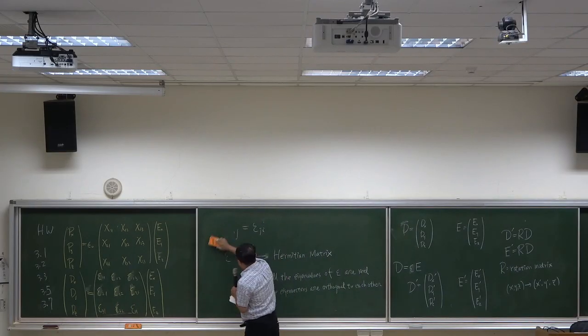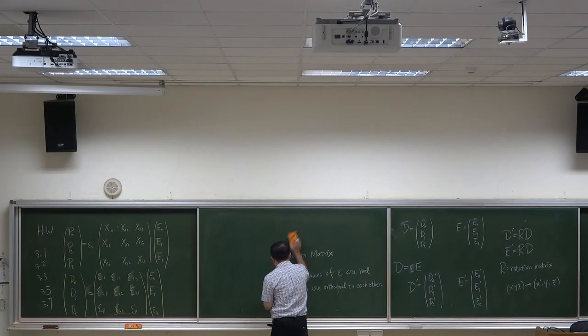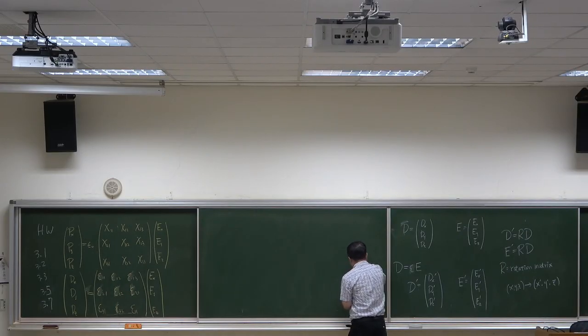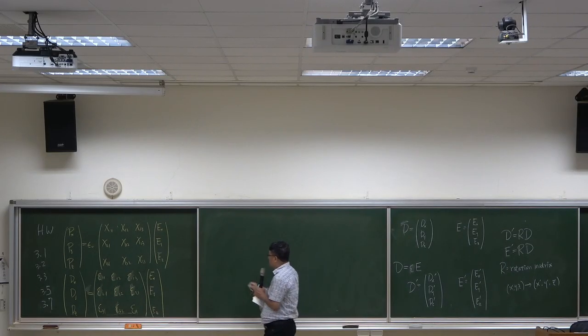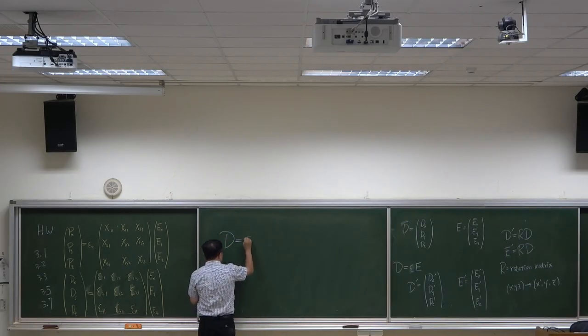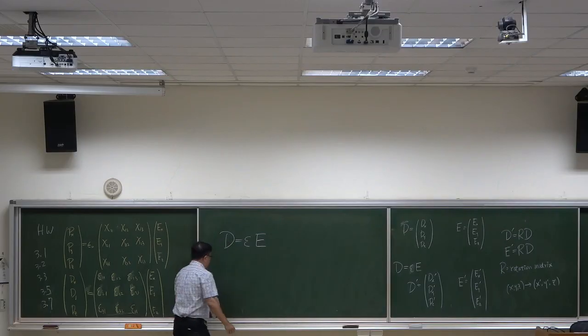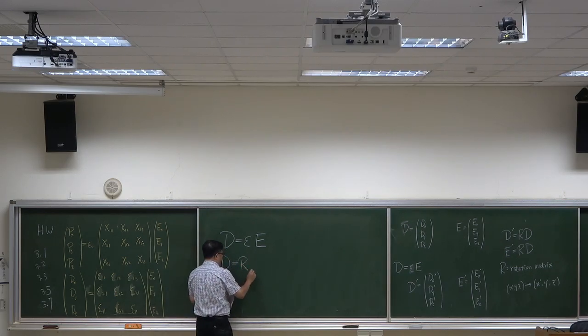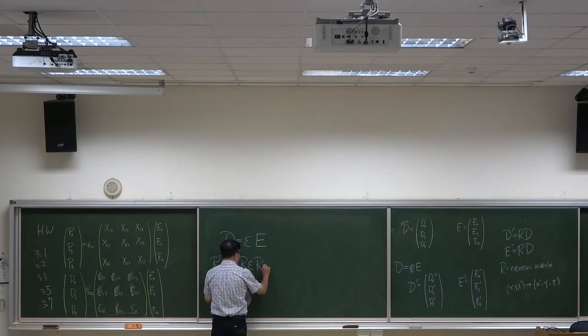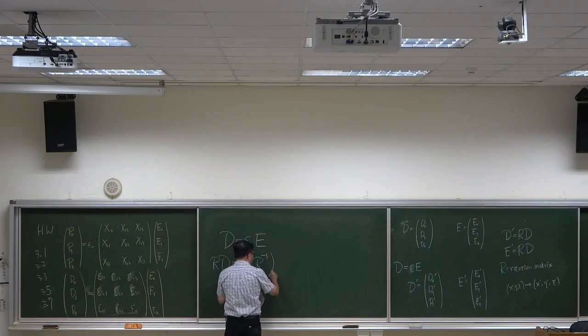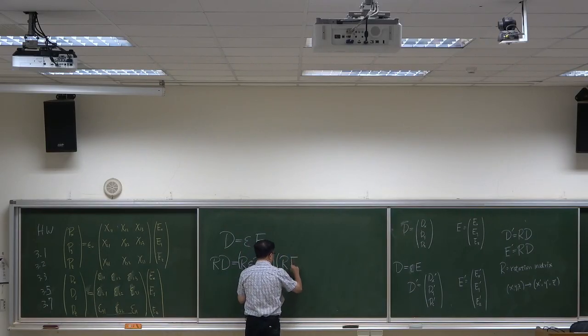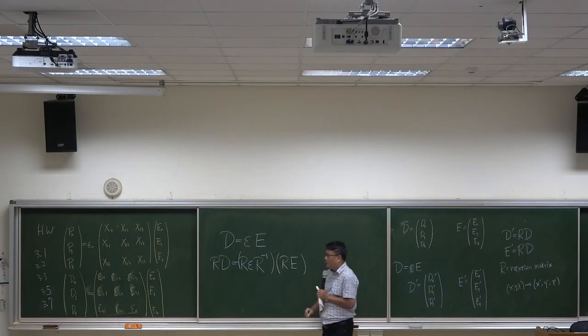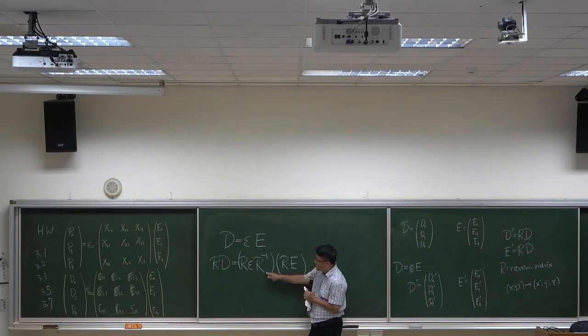Now we see that we have this relation between D and E. D is epsilon times E. So if I multiply our matrix R to D, I get R epsilon R inverse times R E. Okay. Here R inverse R is equal to unit matrix, identity matrix.